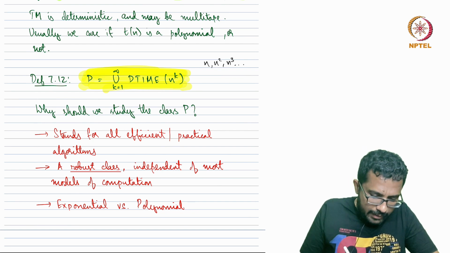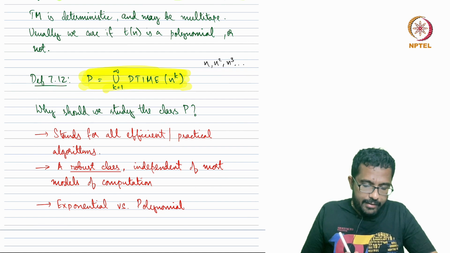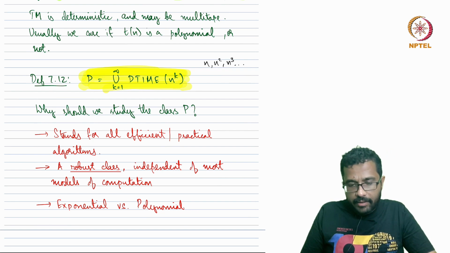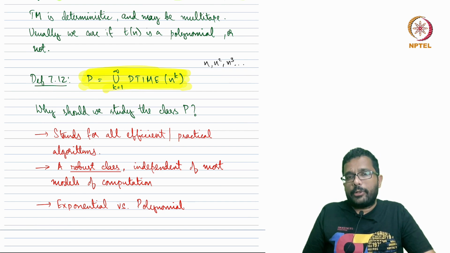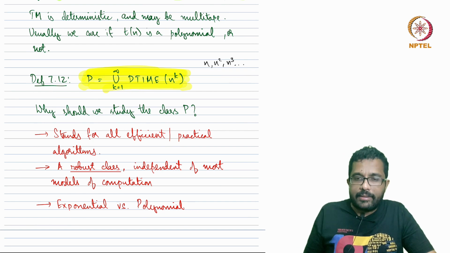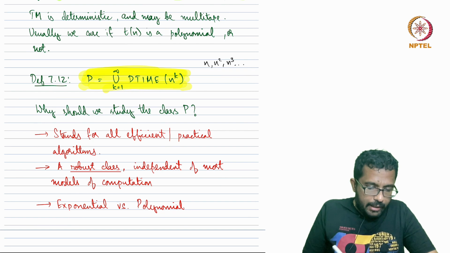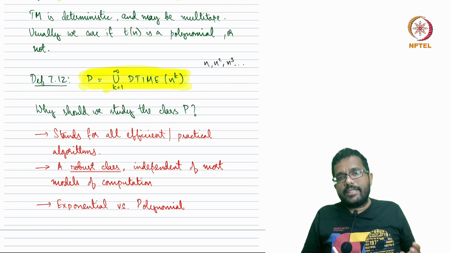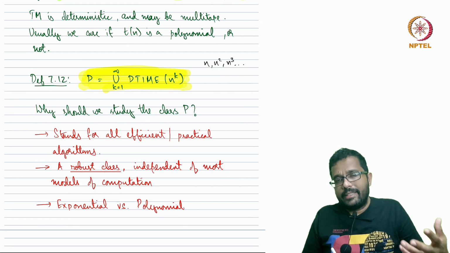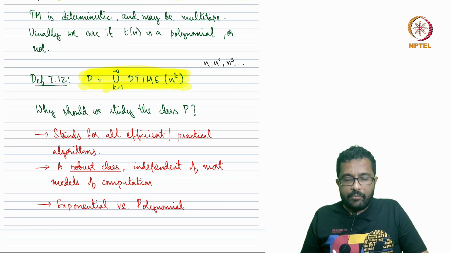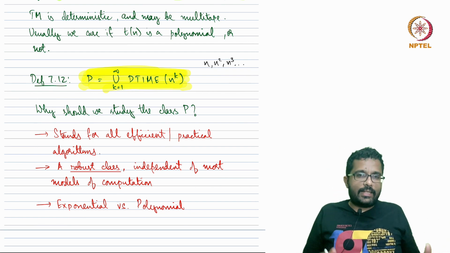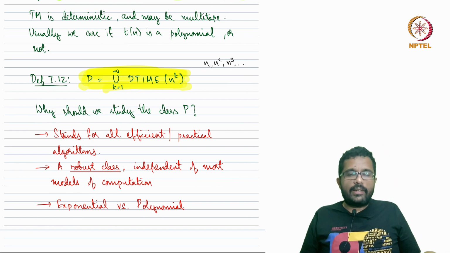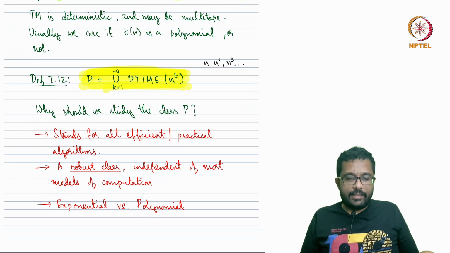And the next thing is that it's a robust class, in the sense that, as I already said about multi-tape, if you have a slightly different model of computation, maybe without multi-tape, even then the definition does not change, right? Small variations in the model of computation, in the way things are set up, don't really change it. So in that sense, P is a fairly robust complexity class.